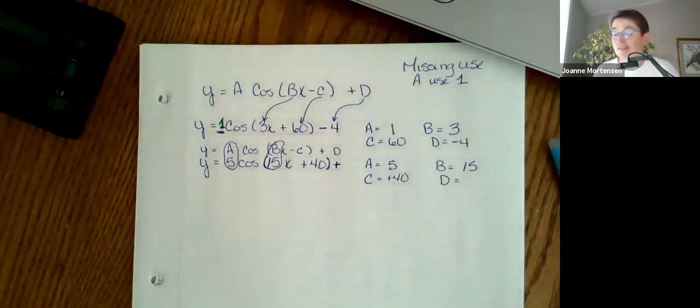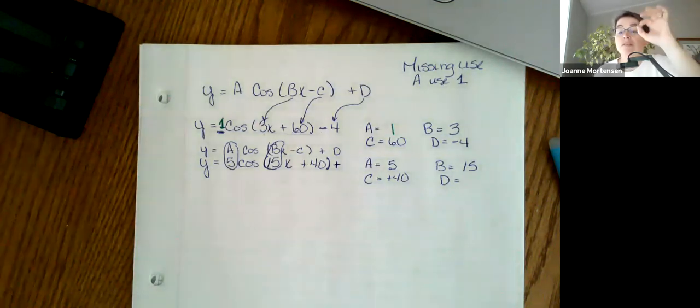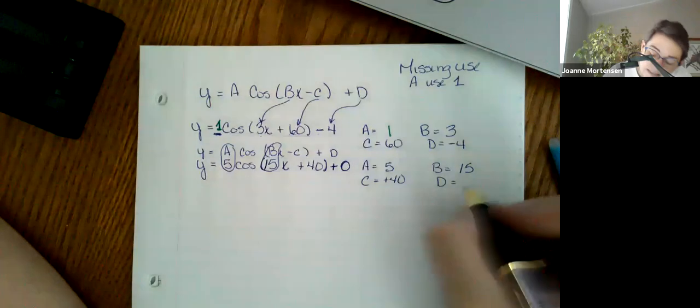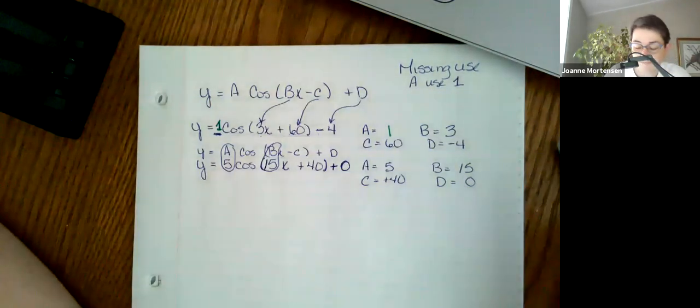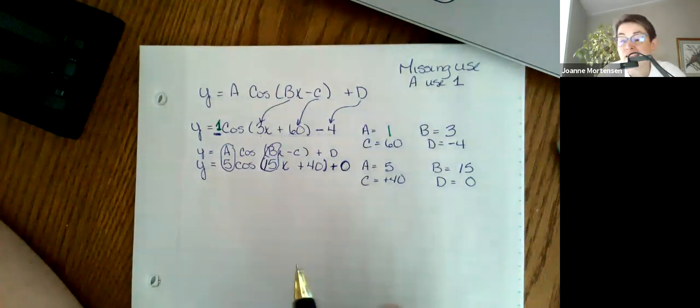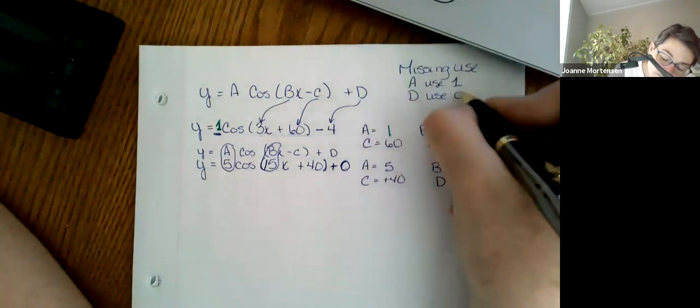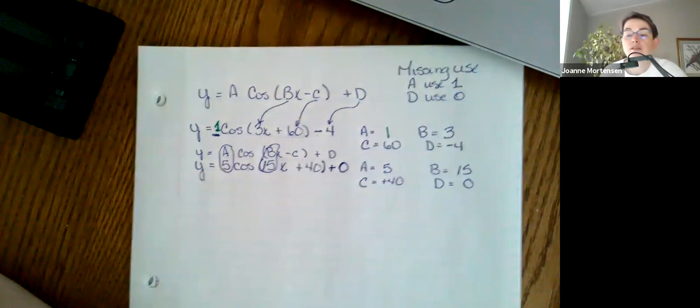And you look in your bank account and you still have $100. I gave you bupkis. I gave you 0. So D in this case is equal to 0 because it's the only thing that you can tack on the end without changing the value. So if D is missing, use a 0.